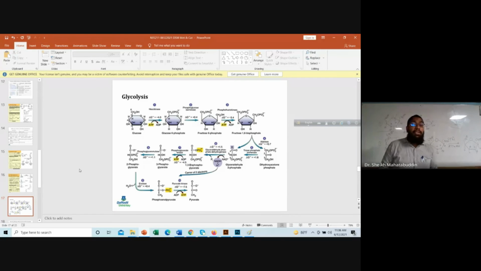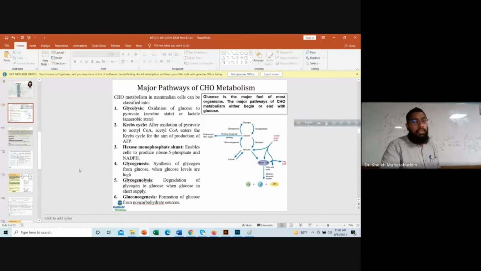Okay, and this is the process by which glycolysis happens, and this is what catabolism, what metabolism, and what glycolysis is. We read here, and then we read another 6 processes. What were the 6 processes?